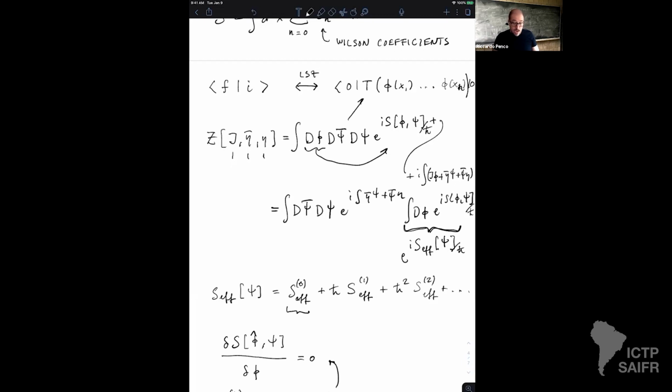Which means you will never need to take a derivative with respect to J to pull down powers of phi, and therefore might as well set J to 0 from the very beginning. That's why I was focusing on this low energy regime, and why I set J to 0 at the very beginning.